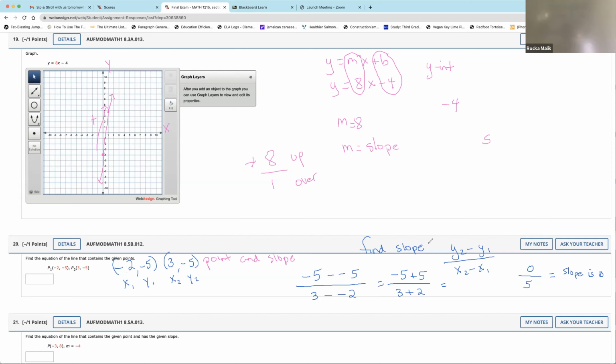So now that I have the slope and a point, I'll just use the first point that's there. I can use the point slope form to write it out. Y minus y1 equals m times x minus x1.